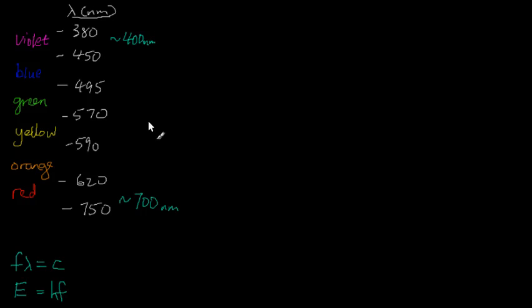Okay, so let's take a look at the typical values of this, just so we can be more familiar with it. I'm going to make a frequency column. There are two ways we can write this. One way is to write it in units of terahertz. I'm not going to write down all the colors, just the two ends of the range.